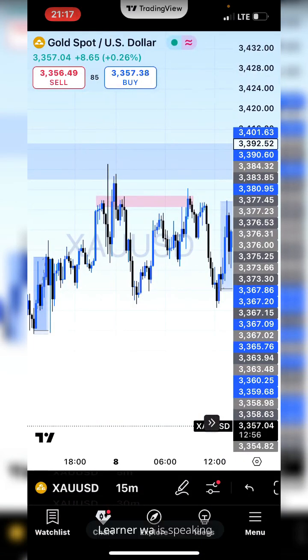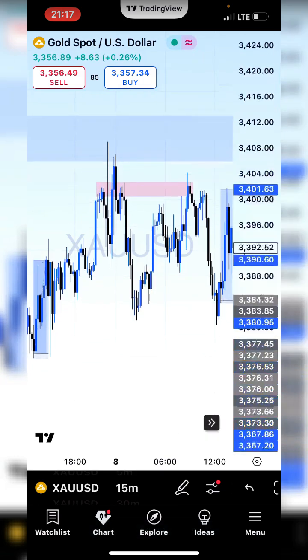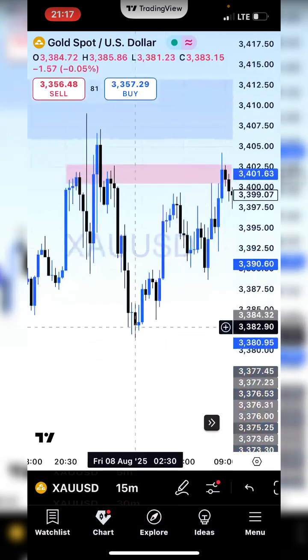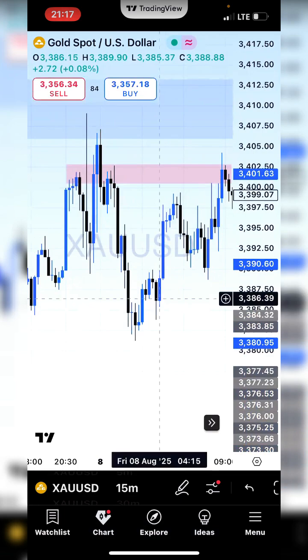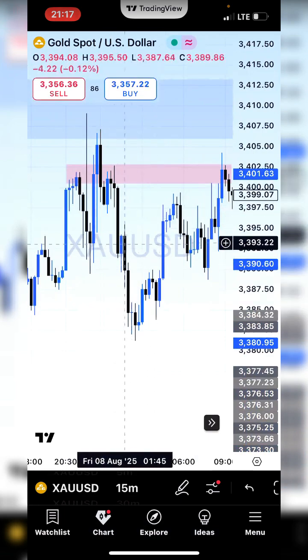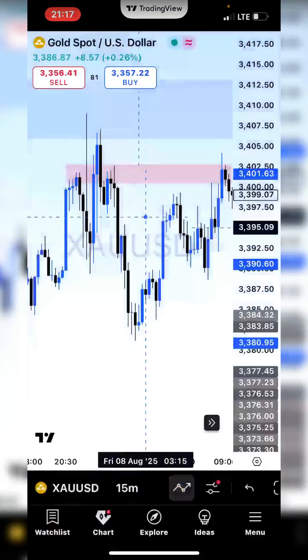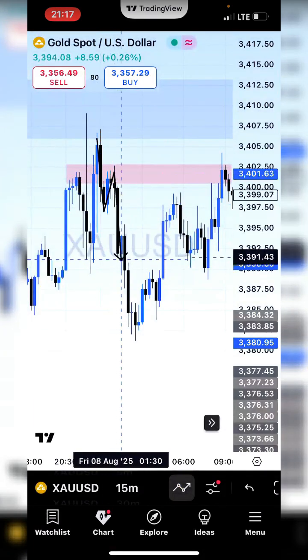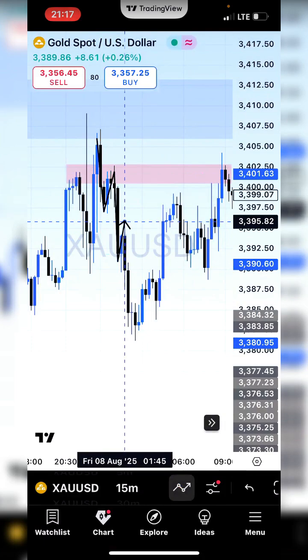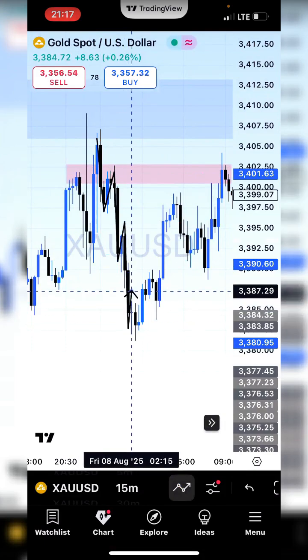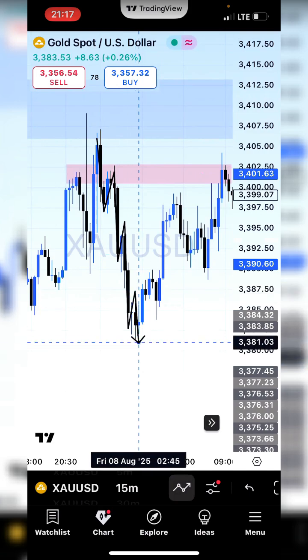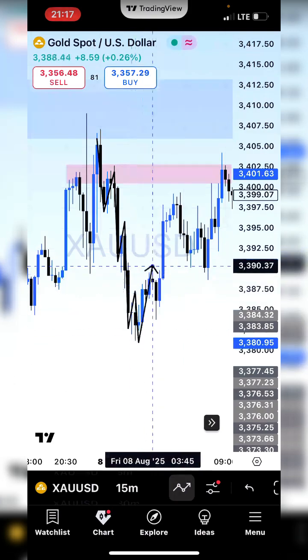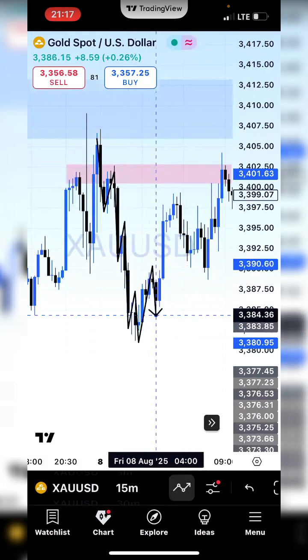Yes, sir. There's also another example here, and as it was coming down, the same thing, we're having pullbacks. Let me draw this. We're coming down, going up, coming down, going up, coming down, and then we had a change of character, and our price came to the invalidation.